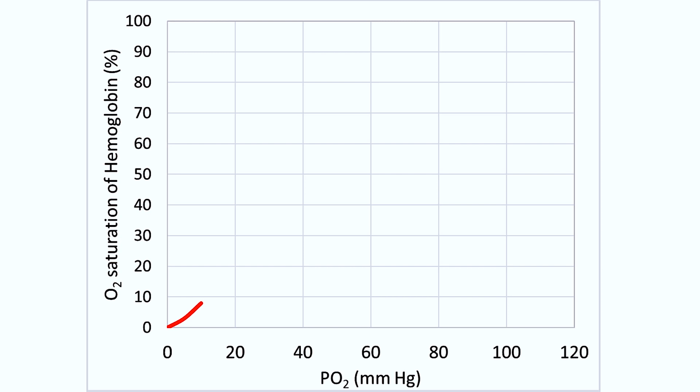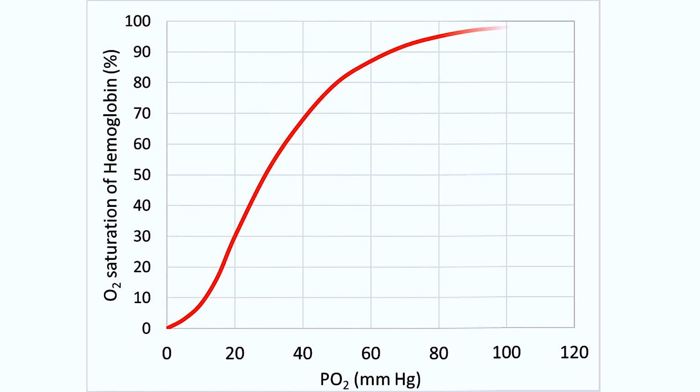As a result, the partial pressure of oxygen increases within the capillaries of the alveoli, and therefore you have oxygen becoming more and more bound to the hemoglobin. As more oxygen is bound, it lowers the partial pressure slightly, meaning that you have a greater diffusion.